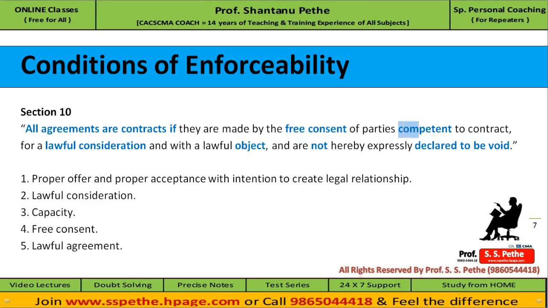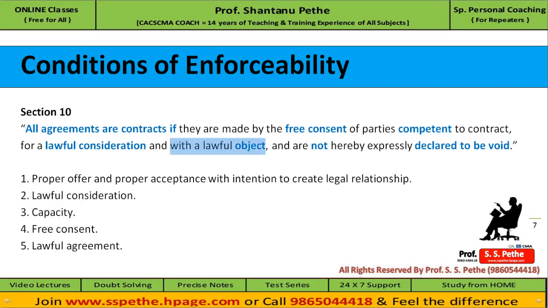Then parties must be competent to contract. It means they should not be minors or lunatic persons. So they should be competent enough to contract. Then there should be lawful consideration. Whatever you are giving and taking and giving back, the consideration should be lawful, legal. It should not be illegal consideration.